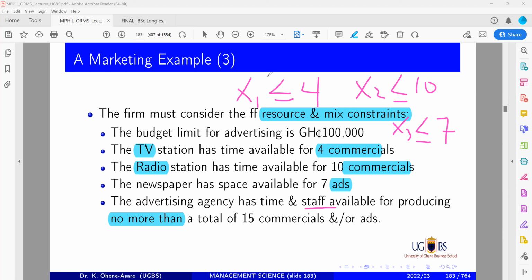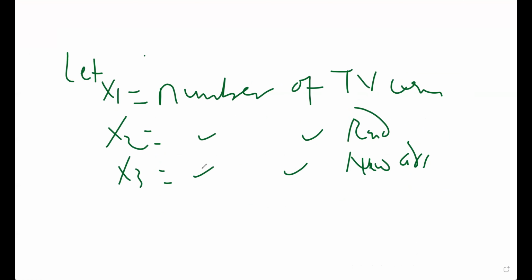Who can indicate how this has to be written? Producing no more than a total of 15 commercials. How would that be written? How would you have written that? It's very simple. By the way, what symbol would be no more than?